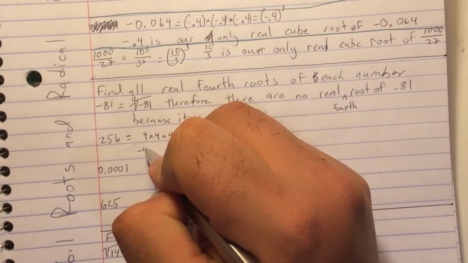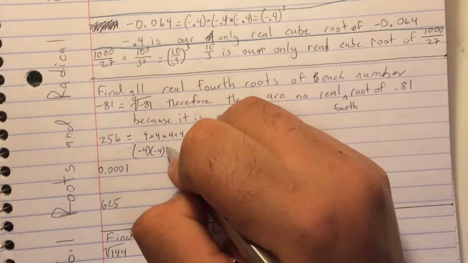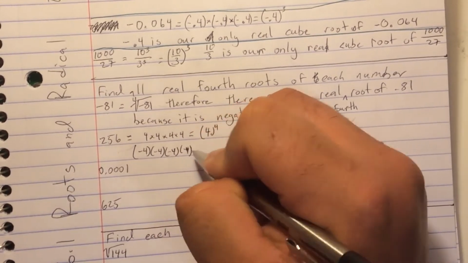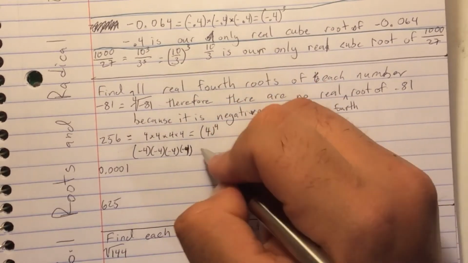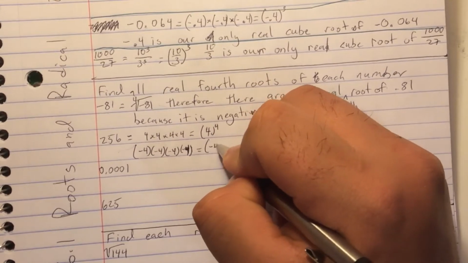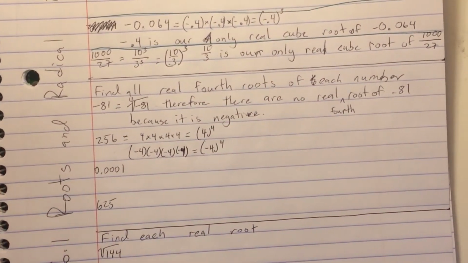Because if you have negative 4 times negative 4, it's still positive 16, and then negative 4 times negative 4 is another positive 16. Oh my god, this 4 came out terrible. So this is also going to equal 256, negative 4 to the 4th. So this is also going to have two answers.